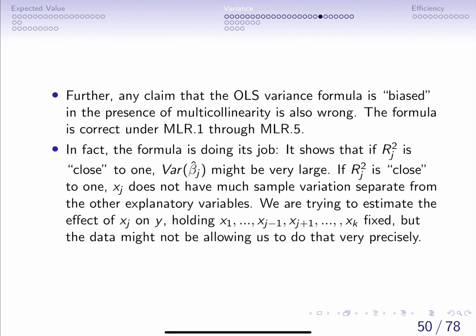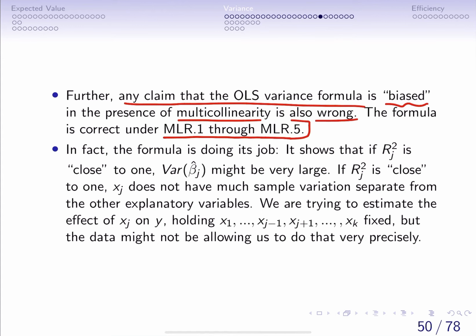Also, any claim that the OLS variance formula is somehow biased in the presence of multicollinearity is also wrong. So remember that. The formula is always correct. The formula that we just described is going to hold if these five assumptions, the first five assumptions or the Gauss-Markov assumptions, hold.